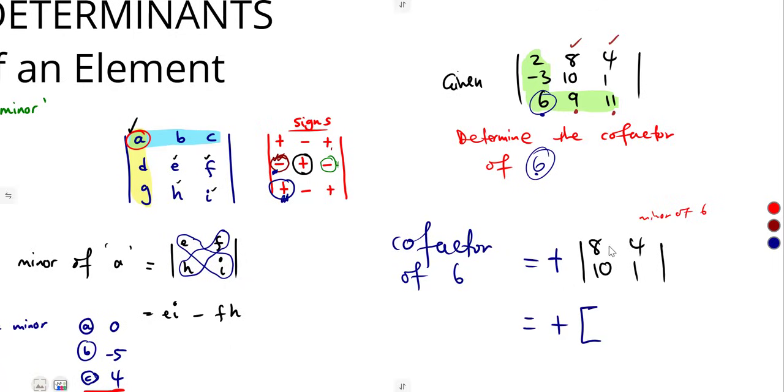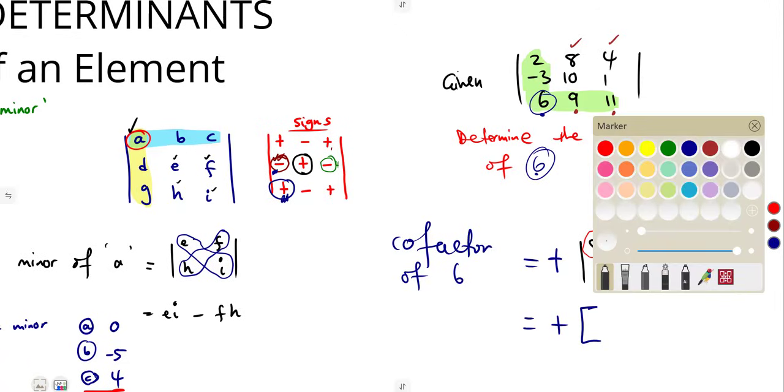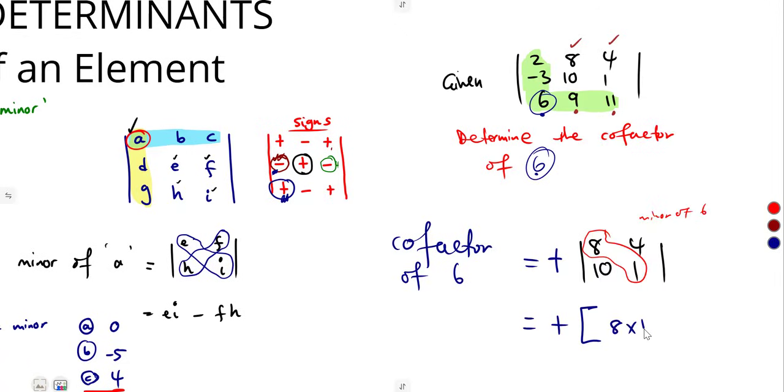Then let's determine our determinant: 8 times 1 in the major diagonal, minus the minor diagonal, 4 and 10. So you can evaluate this part.